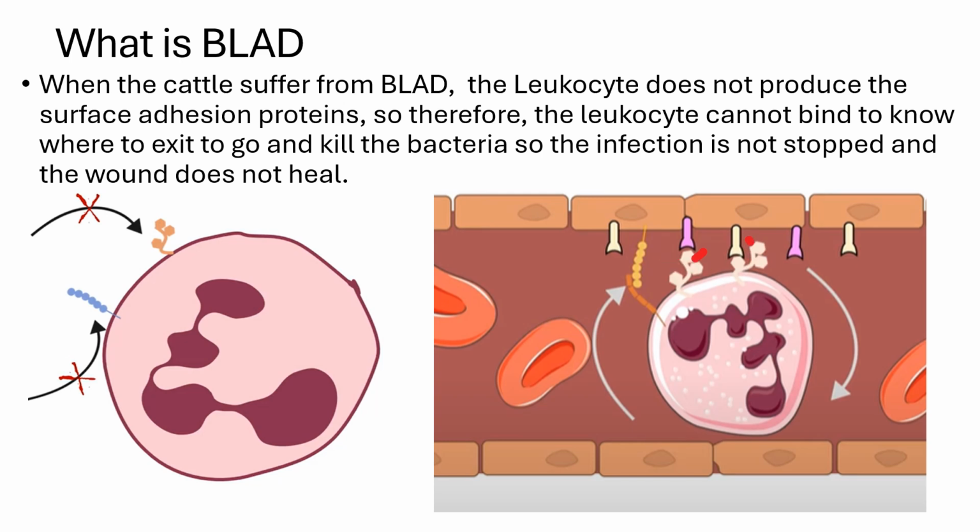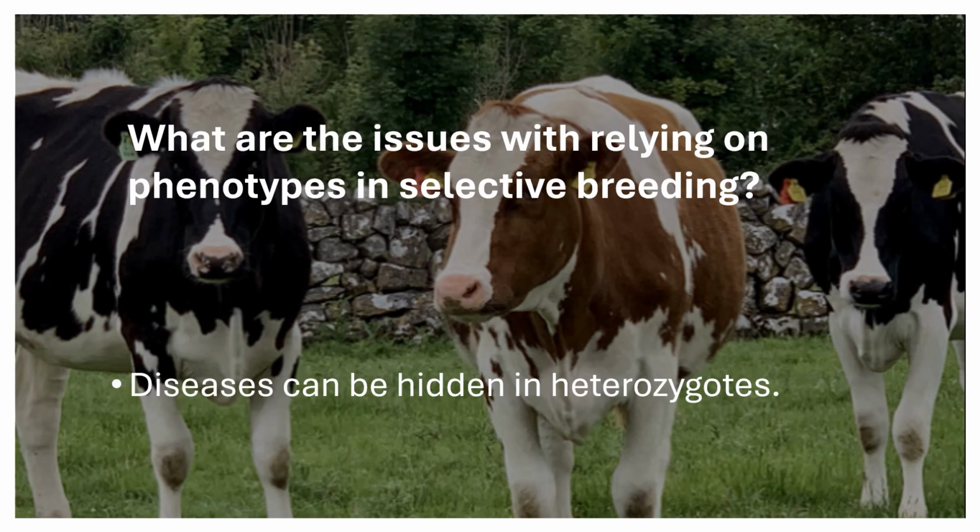But he can see that the babies that are born die very quickly because their wounds become septic and they don't make it. So we don't want this recessive gene in our herd. Therefore, we're going to check if this gene is in the sperm donor, and also if it is in the female. Okay, so the disease can be hidden in heterozygotes.